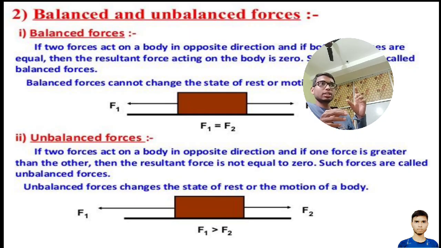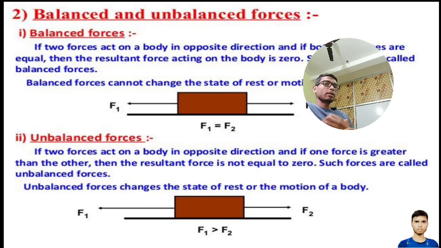Then this type of forces will be called unbalanced force. If on one side the amount of newtons is 26, then on the other side it can be any number except 26. This is the meaning of unbalanced force.